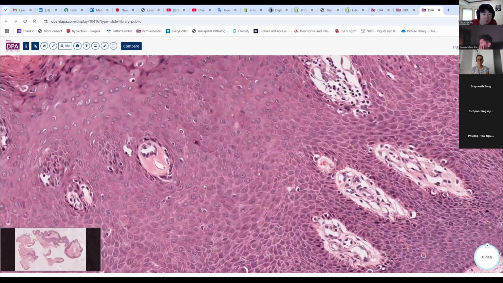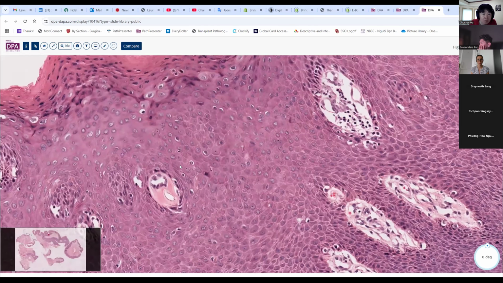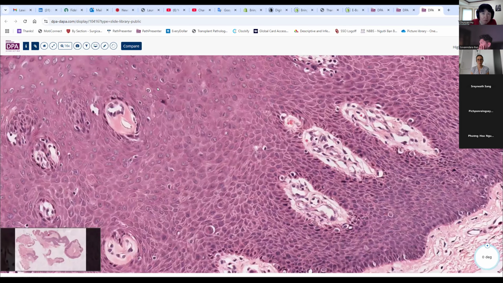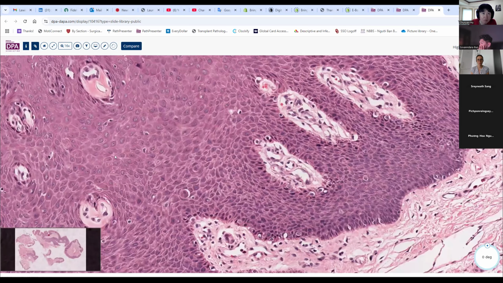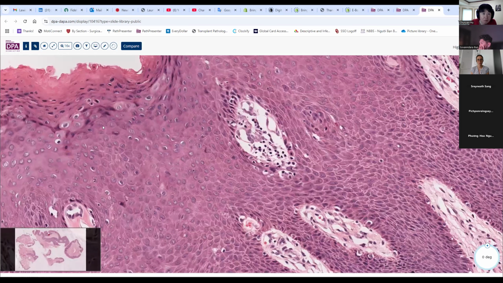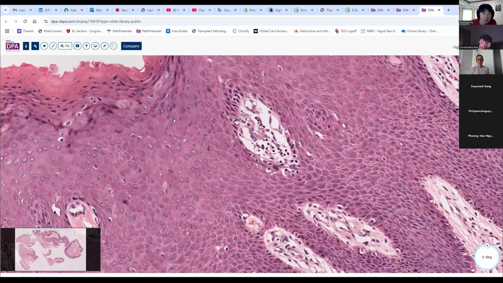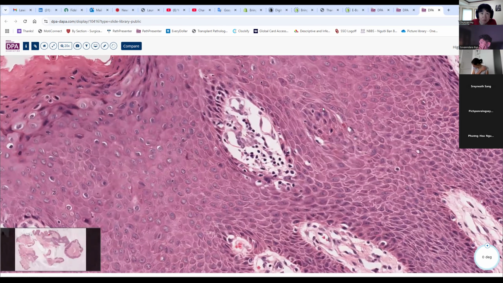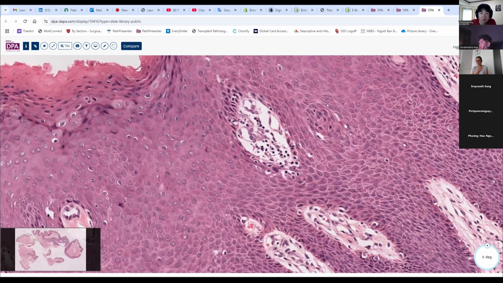So, Tian, do we have any maturation here? I think we do. Yeah, we do have some maturation. And then we've got this dyskeratosis on the surface. Let's find another area here. I think we've got some other features.